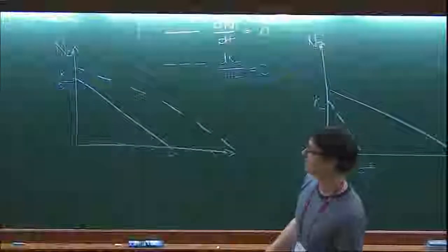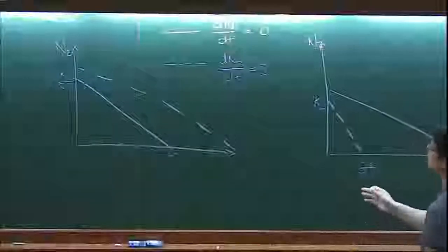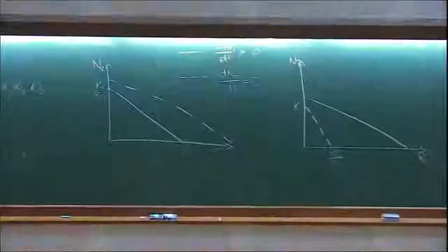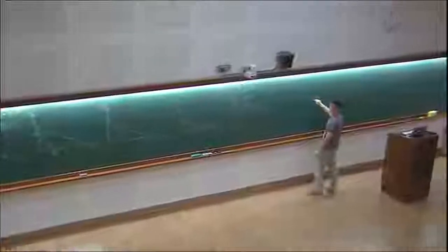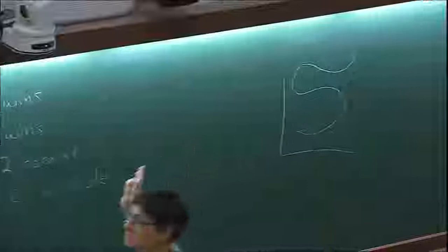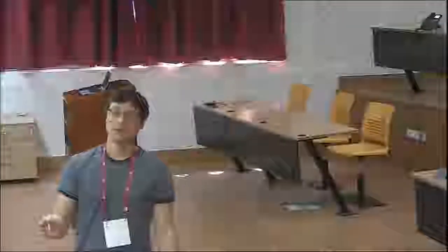If you start somewhere, N1, N2, over time that does something. In terms of the trajectories of the species abundances as a function of time, if they cross this line, at what angle are they going to be crossing it?